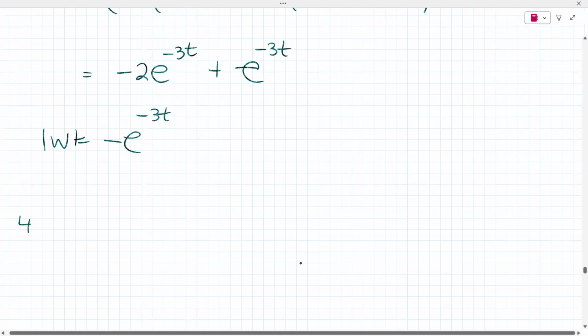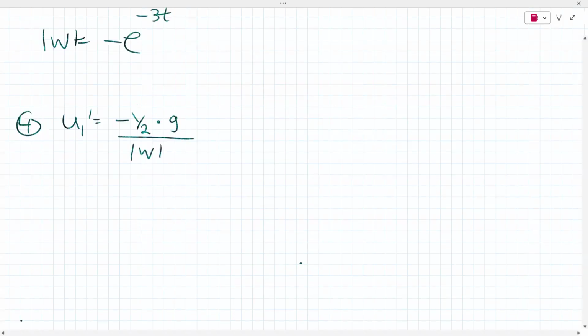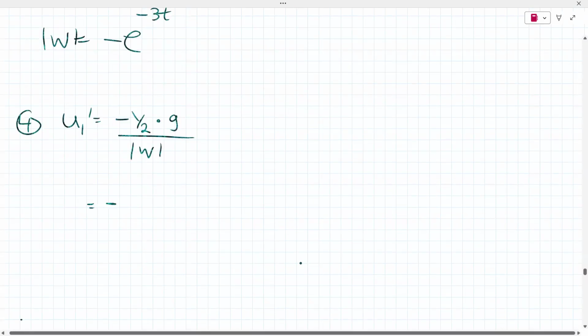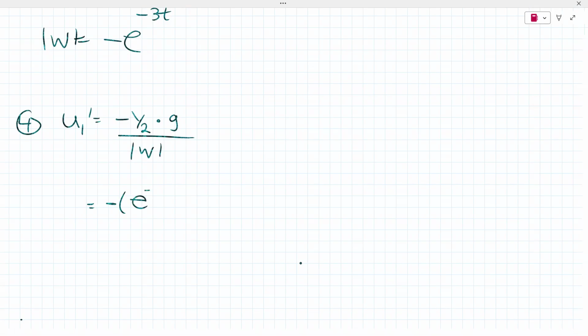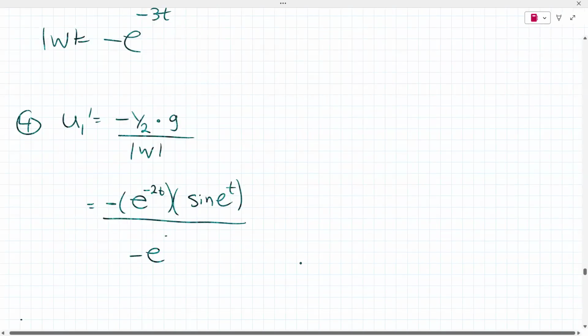Okay, step 4, find your u1 prime. So my u1 prime is negative y2 times g over the Wronskian determinant. And that is going to be negative, and then my y2 is e^(-2t) times my g, which is sin of e^t, all over my Wronskian determinant, which is negative e^(-3t). Okay.